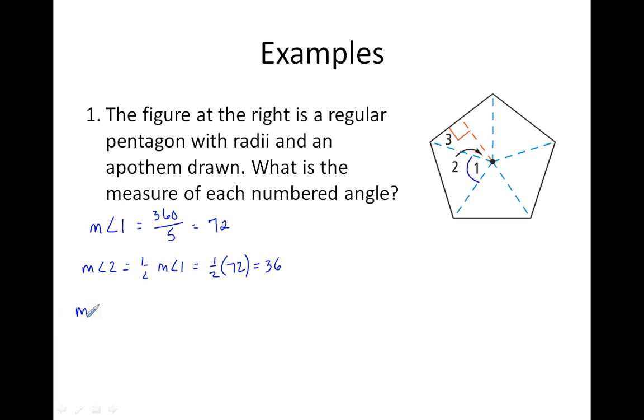And then finally, the measure of angle 3, it's the third angle in this triangle. Well, we know that all 3 angles in a triangle add up to 180. So if I take that total of 180 and subtract from it the measure of angle 2, which is 36, and also subtract the measure of this other angle, which is a right angle, then I get a measurement of 54.